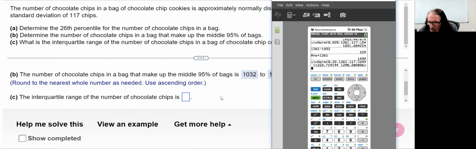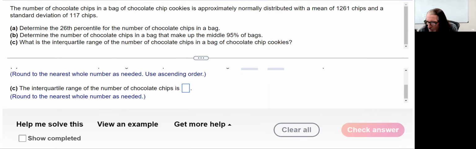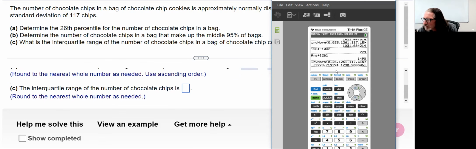See if they want us to round here. Nearest whole number. So we take that 1298.28 something minus 1223.7 something. I'm not sure if I can just round each of those individually. 1298 minus 1224. They may want us to subtract and then only round once. Let's see what happens. 74.